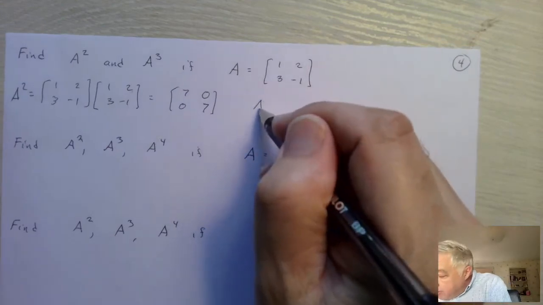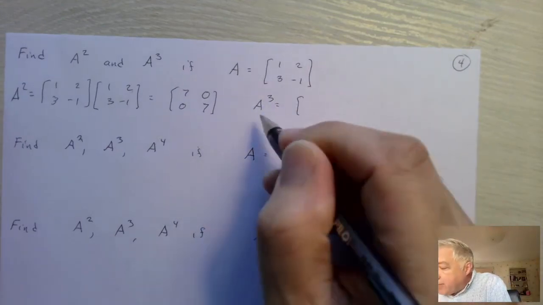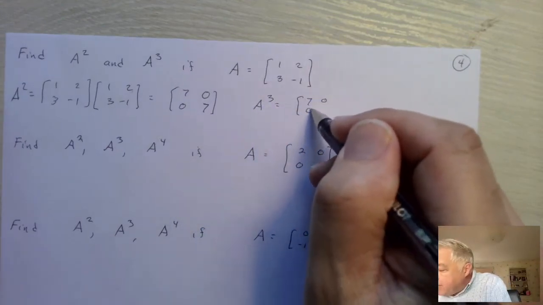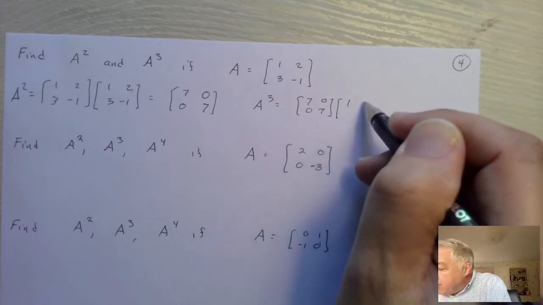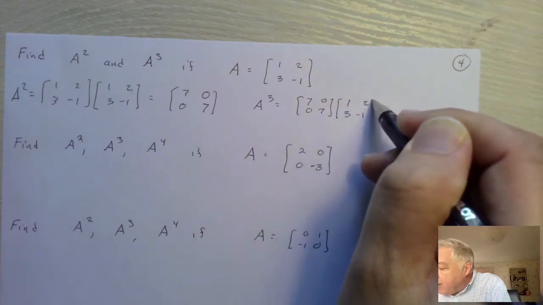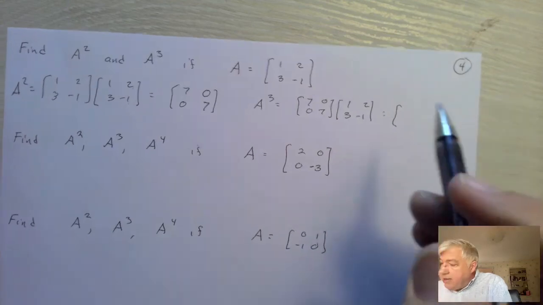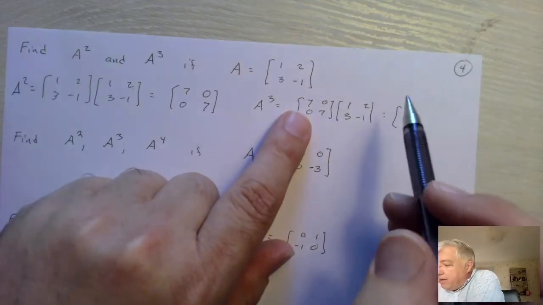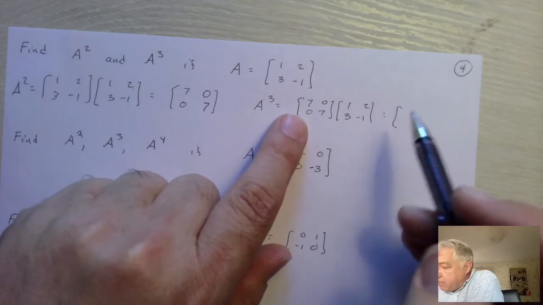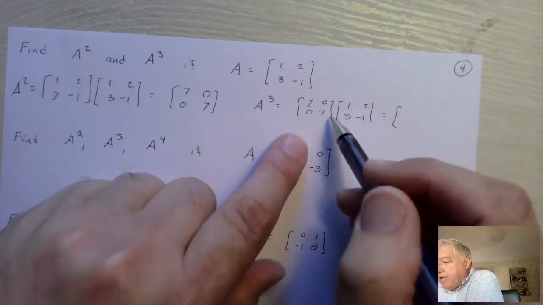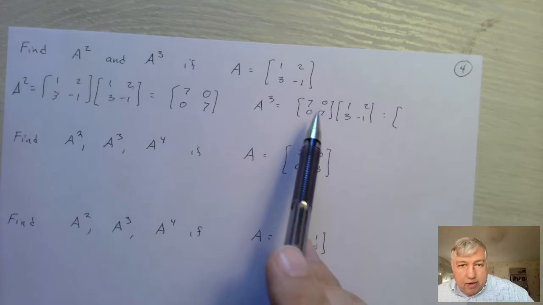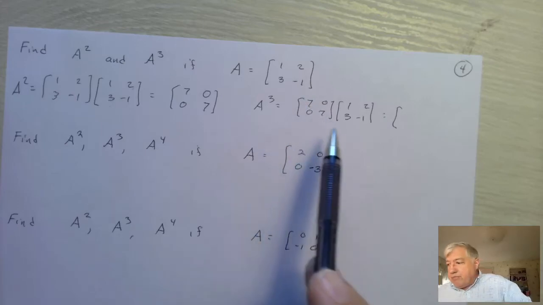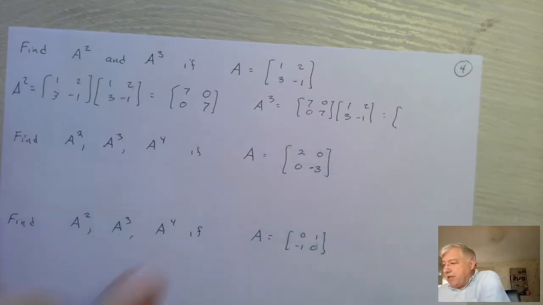A cubed will just be A squared, which is 7, 0, 0, 7, times 1, 2, 3, negative 1. And in this case, you'll see that we're just multiplying everything by 7. When you have a diagonal matrix where all the entries on the diagonal are the same, it really has the effect of just multiplying everything by 7.